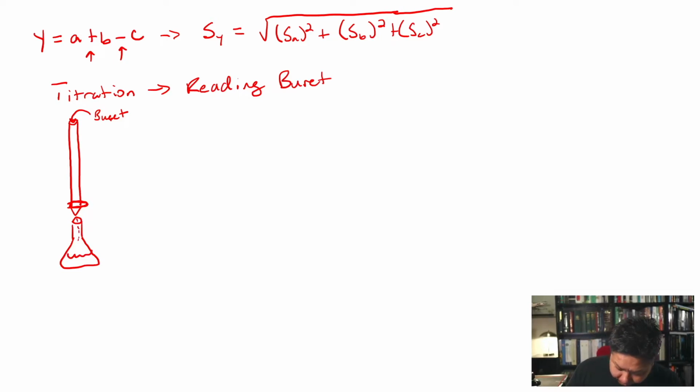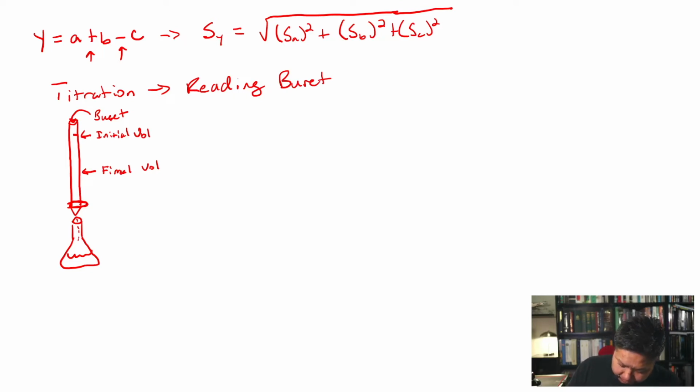Well, how do you read a burette? You read the burette by looking at the initial volume, and then looking at the final volume once you've reached the endpoint, the equivalence point of the titration. And then to determine the concentration of the unknown acid, you have to figure out what the total volume of liquid or base was dispensed into the flask.